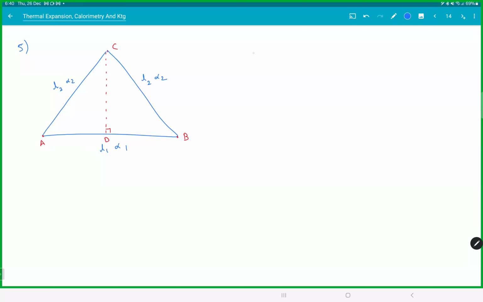In this, if you look at CD, CD square will be AC square minus AD square, Pythagoras theorem. So this is nothing but L2 square minus L1 square by 4. Right?